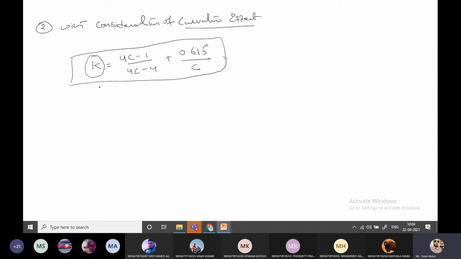So this K value we are considering here. The maximum shear stress in the wire equals K into 8WD by pi d cube.